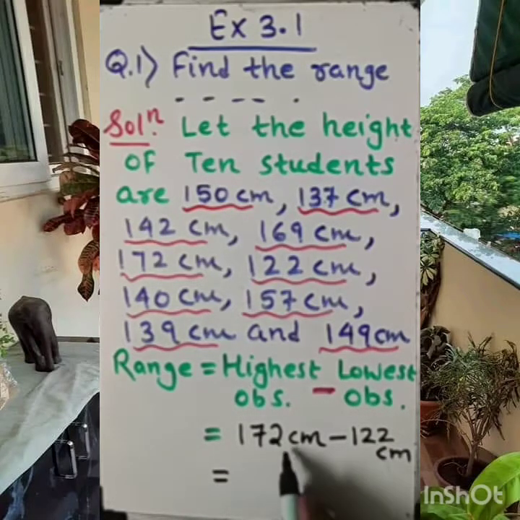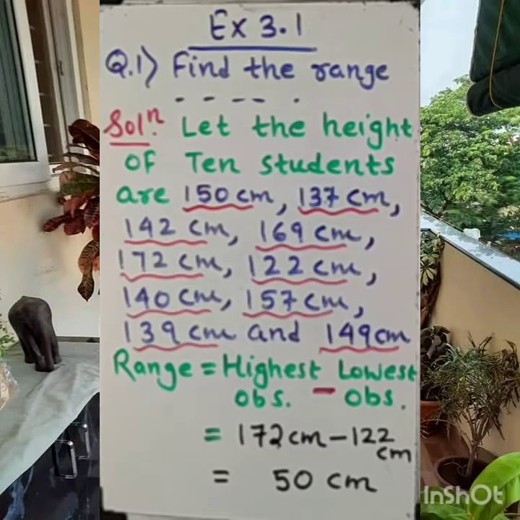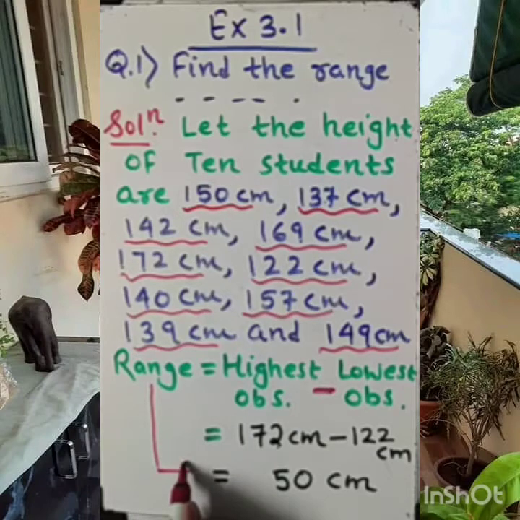If I subtract 122 from 172, then 2 minus 2 is 0, 7 minus 2 is 5, 1 minus 1 is 0. So it is coming 50 centimeter. So my dear student, I can say that the range of this given data is 50 centimeter.